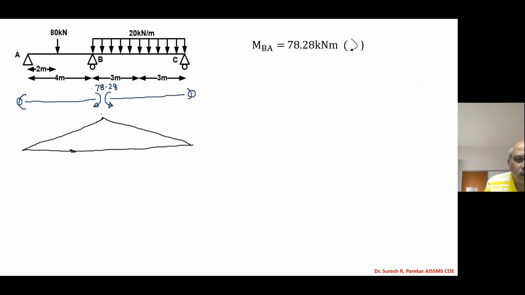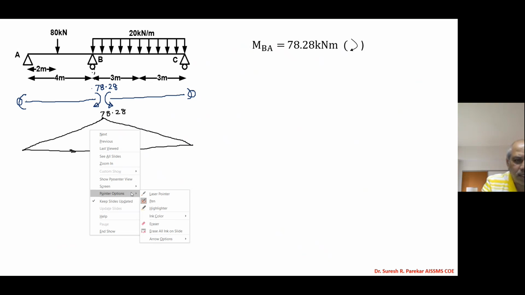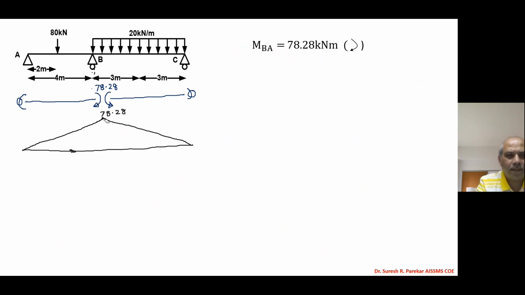So we have this value, 78.28 kilonewton meter. Now this will be at the center actually. Just we will rub this and we will draw below this exactly.